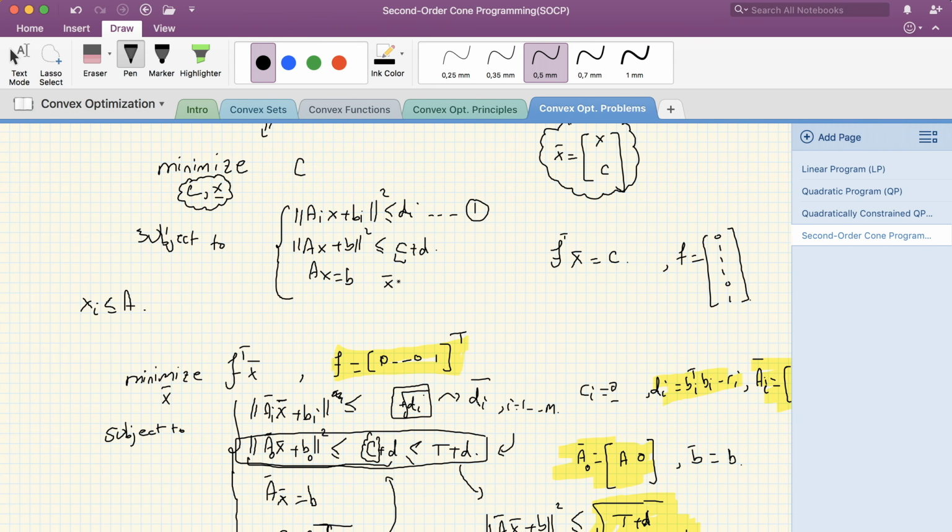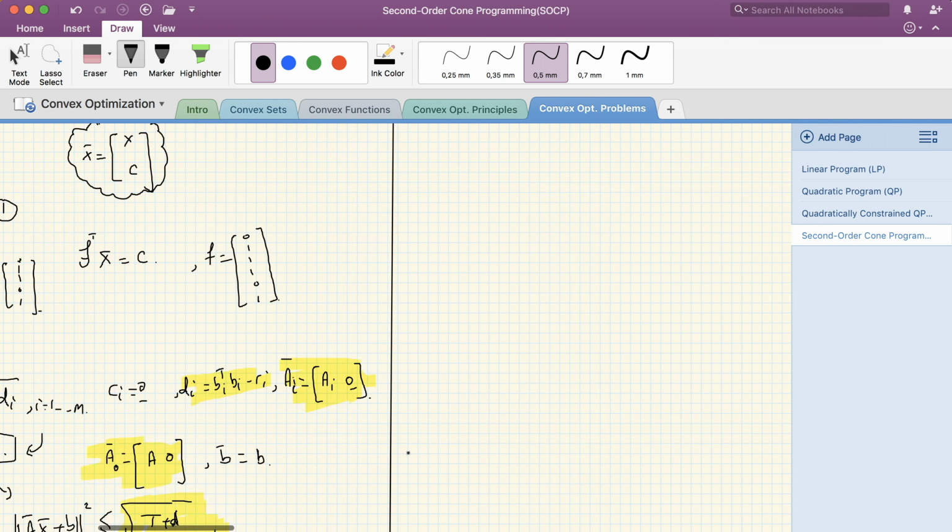So all I have to do is multiply by a vector ek, where ek contains zeros except one in its last entry. In that case, x bar transpose ek is c. And therefore, we're going to have here an ek transpose x bar, and thus the problem is an SOCP.